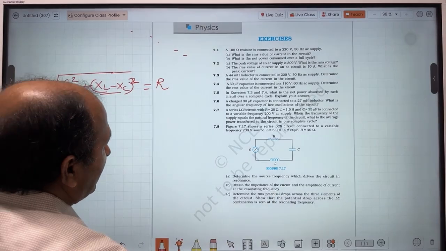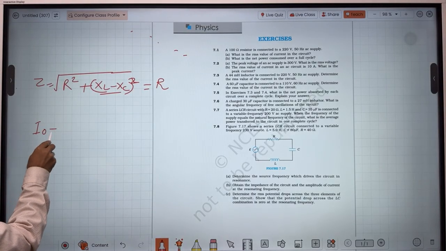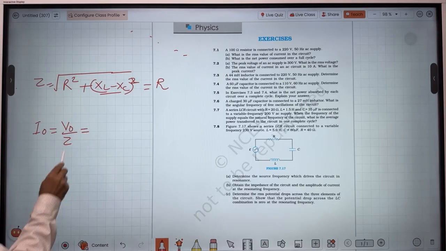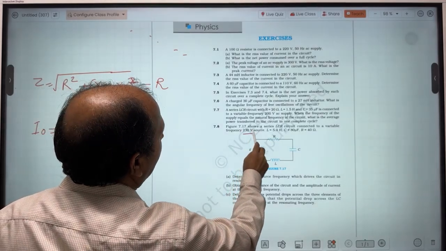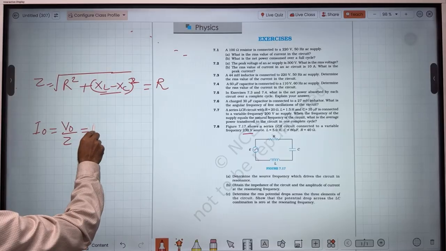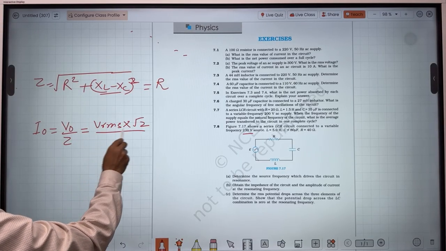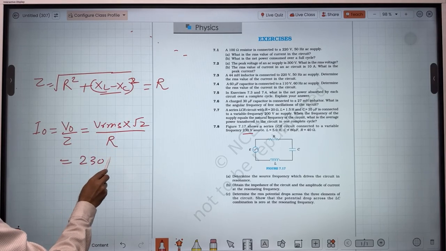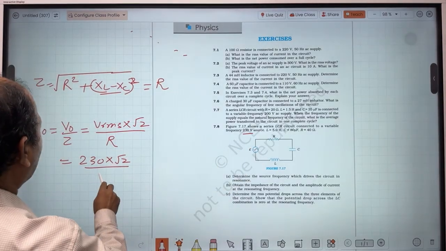Now the amplitude of current at the resonating frequency. So we have to find out I0. I0 is V0 divided by Z, and V0 in our question here is 230 volt. So this is the RMS value. So we can write Vrms multiplied by root 2 divided by Z. Z is just R. So 230 multiplied by root 2 divided by R, which is equal to 40 ohm.